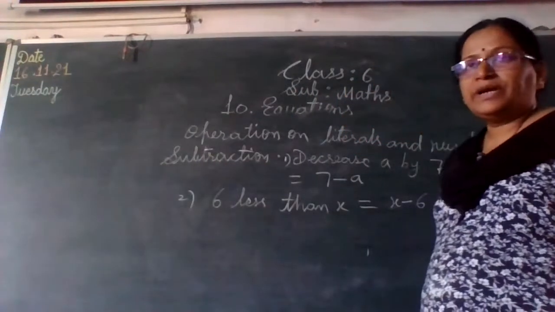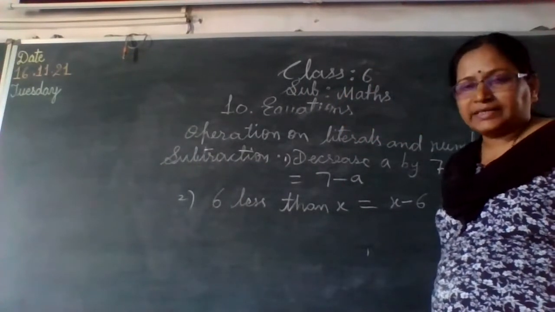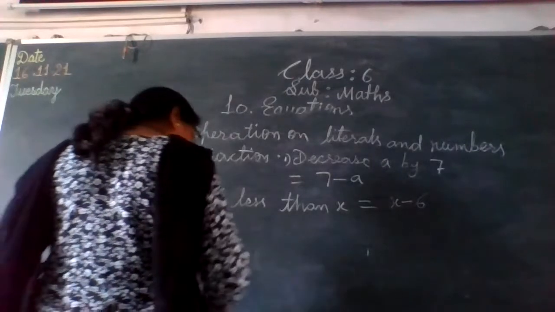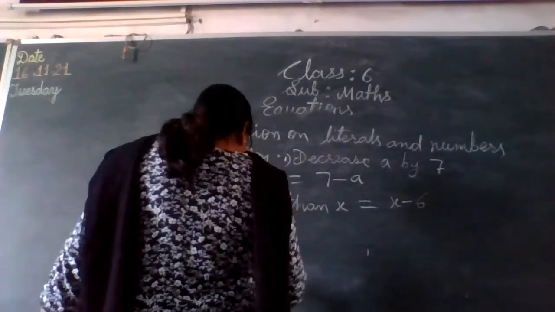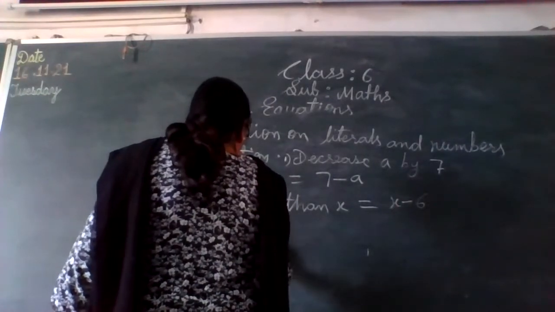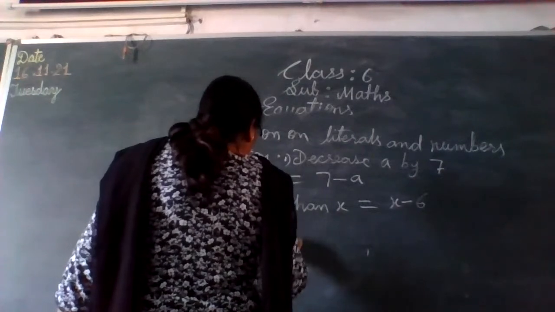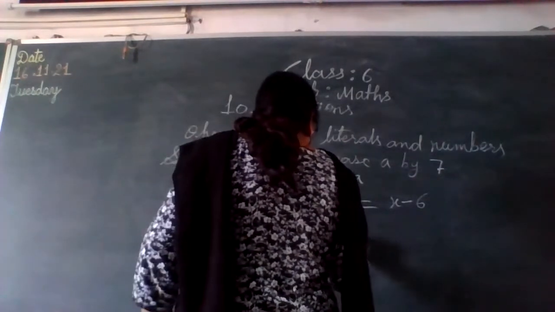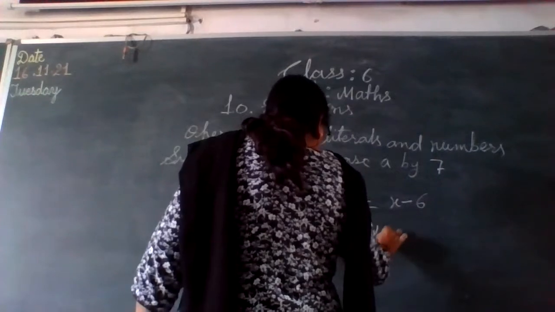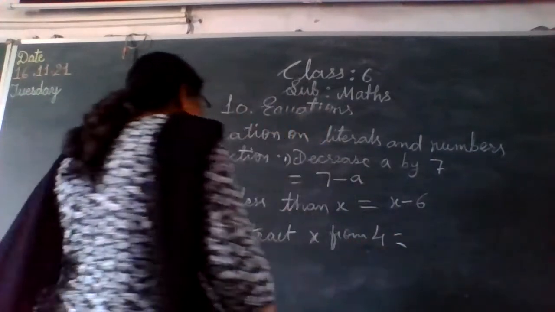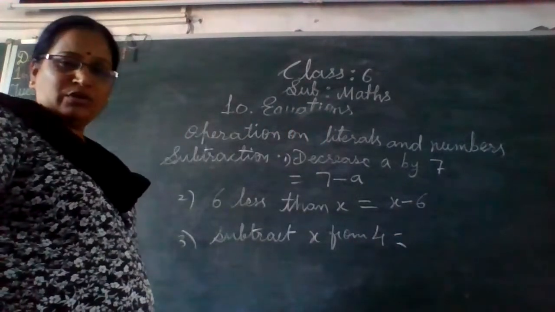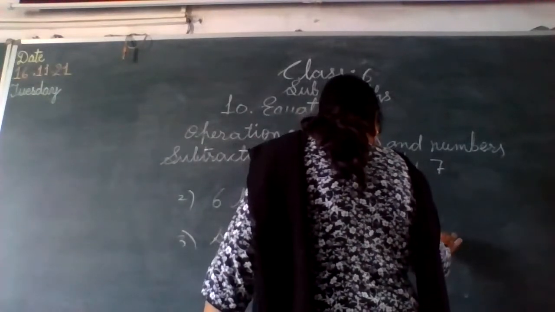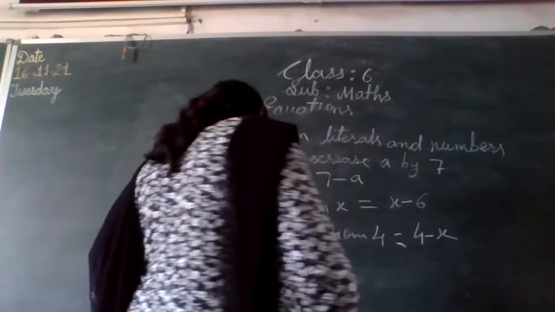So you have to subtract 6 from X. Third one. Subtract X from 4. So you have to write the from quantity first: 4 minus X.